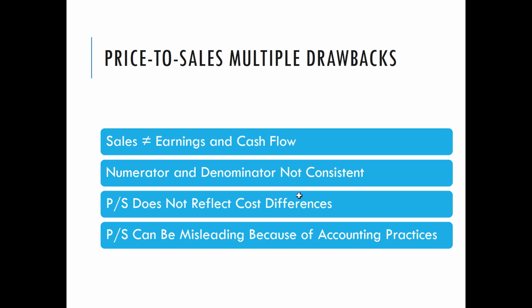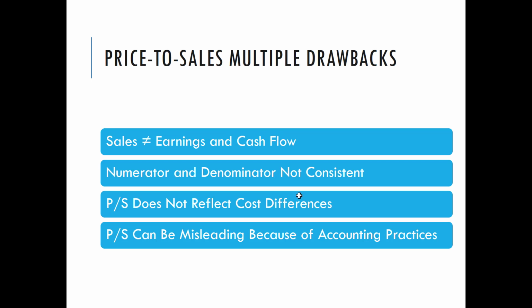Sales, on the other hand, is technically available to all capital providers because it's before you pay your banks, before you pay all the other people. Net profits would represent a consistent numerator and denominator because net profits is distributable to common shareholders, whereas sales is distributable to both the common shareholders and the creditors. So in this case, they're not consistent.